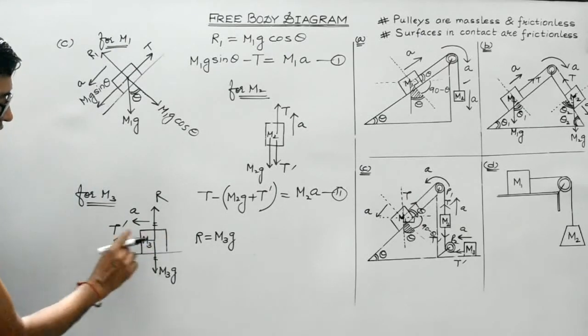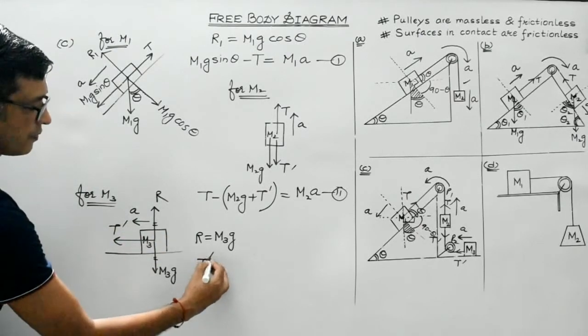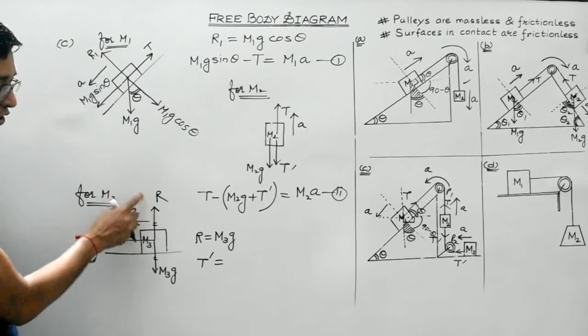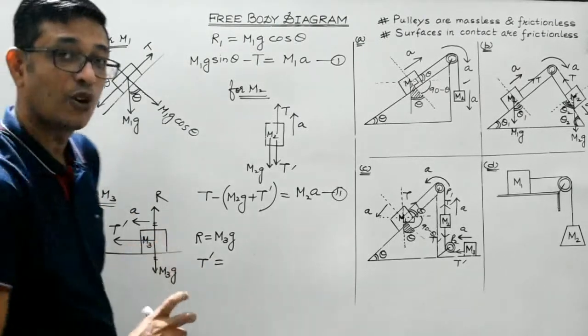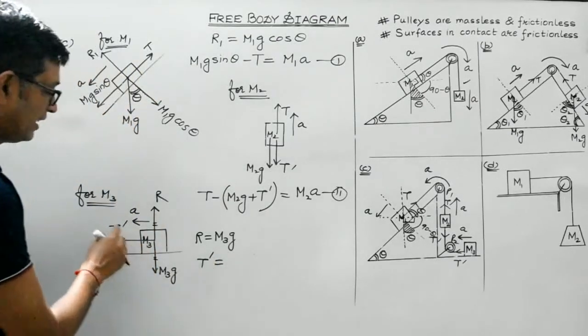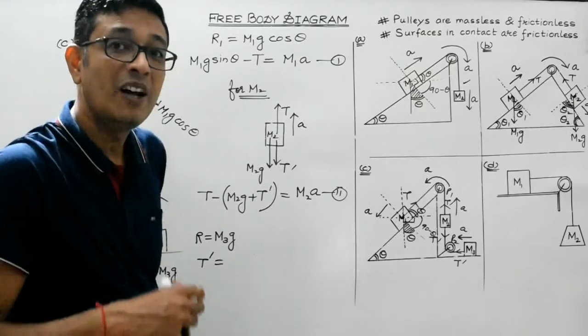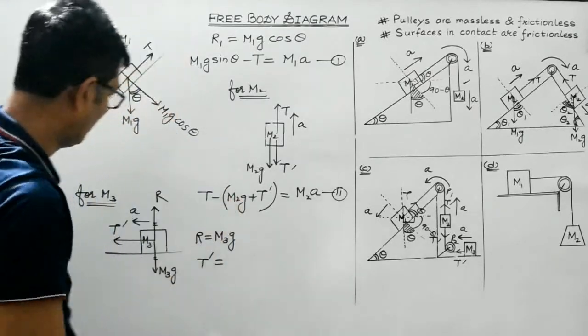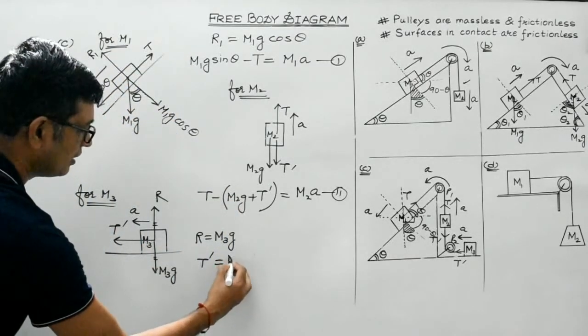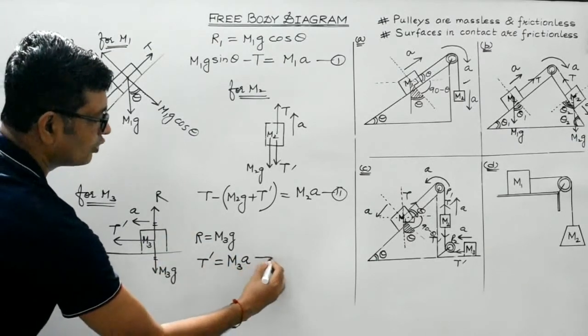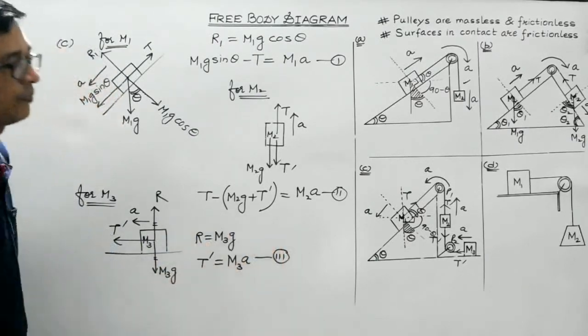Net force acting on this body is only T dash. So the net force acting on the body of mass m3 is only T dash. And net force, as per Newton's second law, is mass into acceleration. What is the mass of this body? It is m3. What is the acceleration of this body? It is a. So this is the third equation.